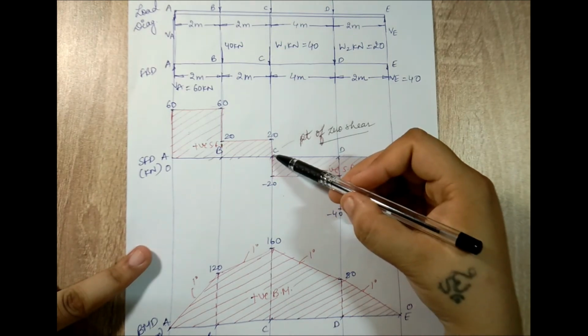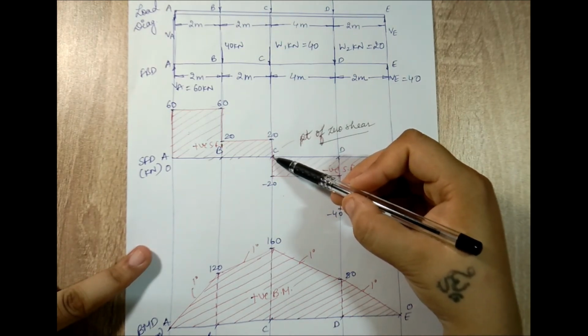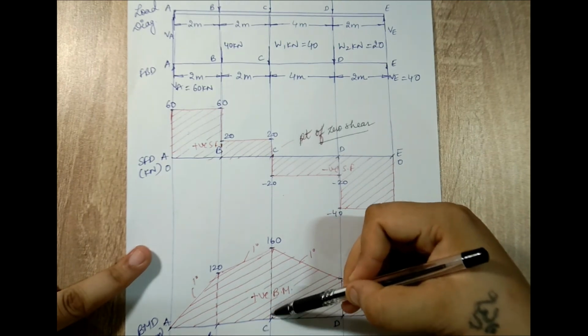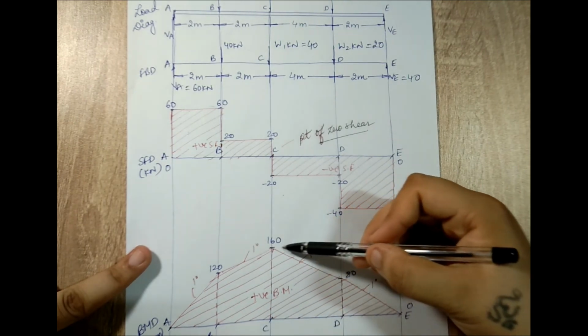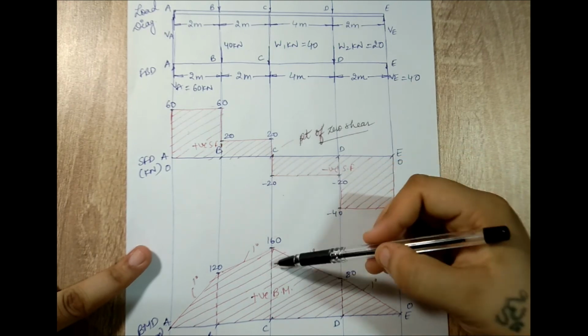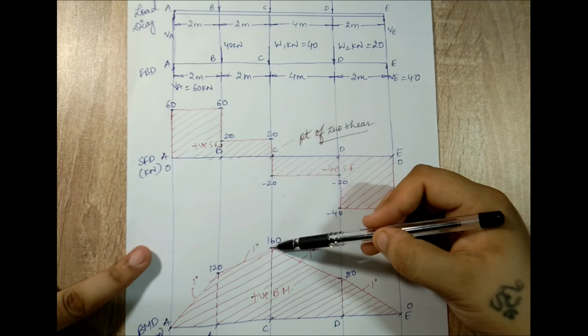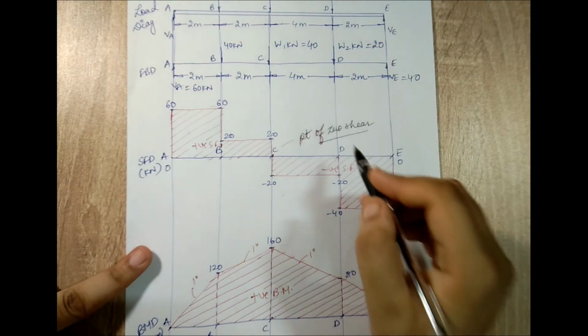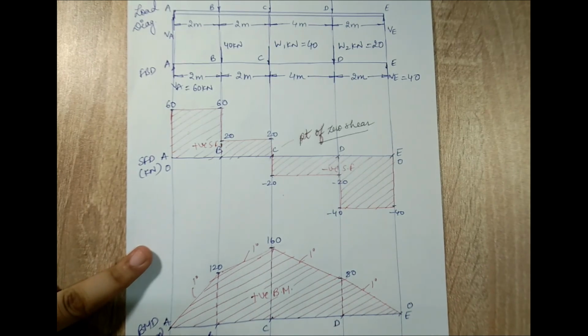Now when I have a point of 0 shear and I trace it down to the bending moment graph, I can see that at that point my bending moment value will be maximum. So you can see here at point C, the value of bending moment is maximum, which is 160 kilonewton meter. So this is the significance of point of 0 shear.